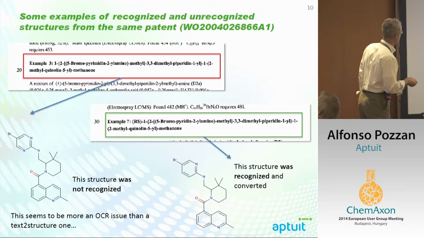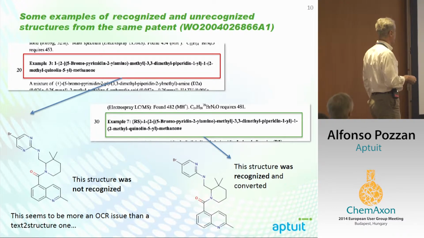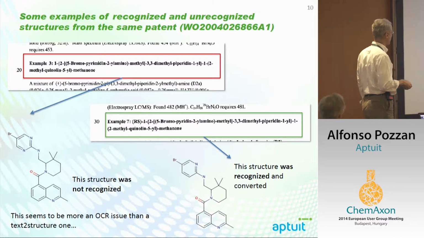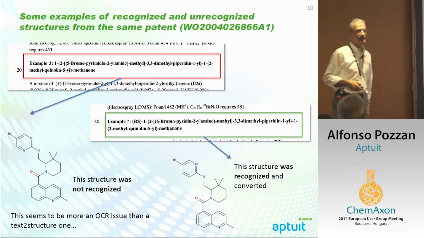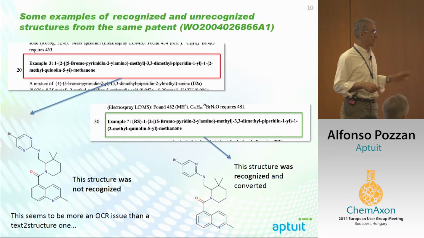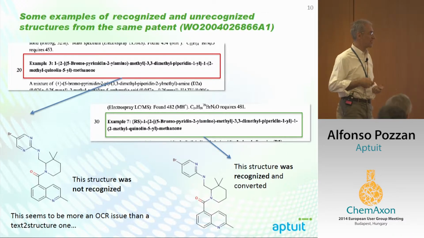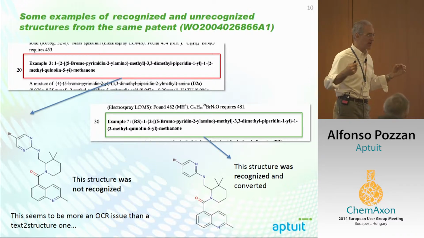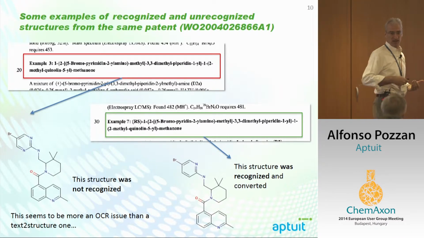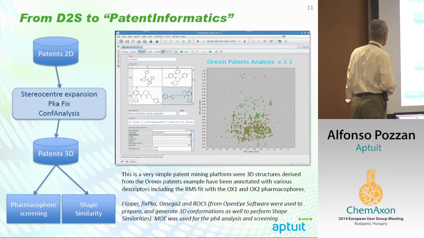And if you look at the reason for this one not being recognized and that one being recognized, it is most likely the optical character recognition, because many times, for example, in this case, ones, R and L get confused, and then the Chemaxon software is not able to recognize the chemical name, and the structures do not get converted.